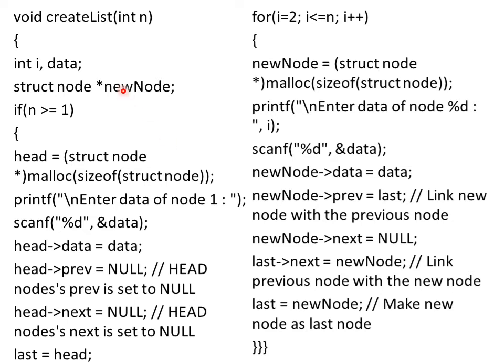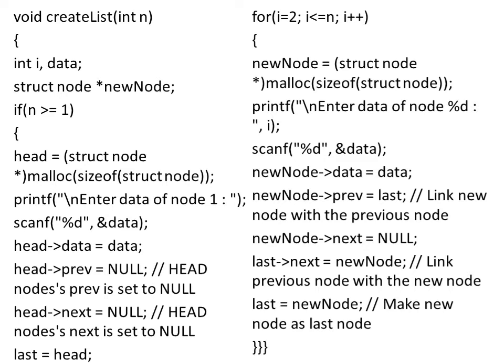I have previously explained how the list is created. Once again, I am going to explain briefly how it will be created. I am calling the function create list with n. Then I am taking two variables, i and data. I am declaring a new node. Initially I call malloc for allocating memory to the head node.